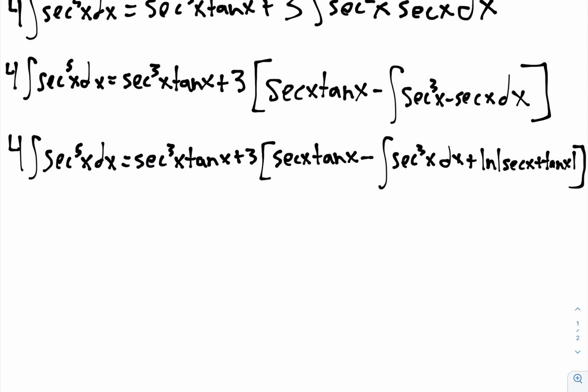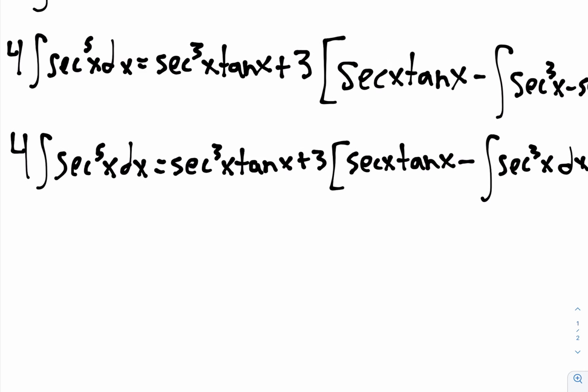Let me just think how we could go about doing this here. So I got plus 3 minus 1/2. We could rewrite this because we already did this secant to the cube before, right?